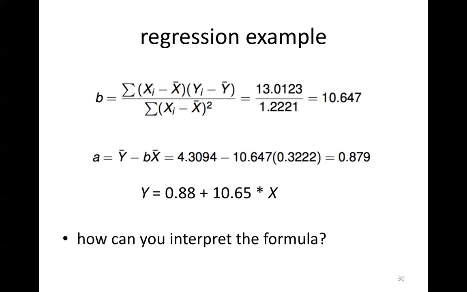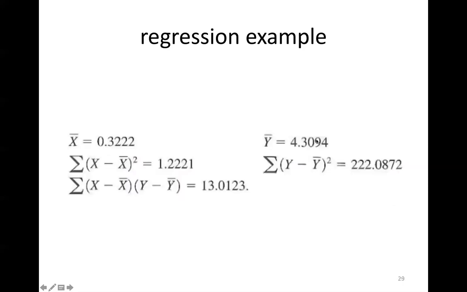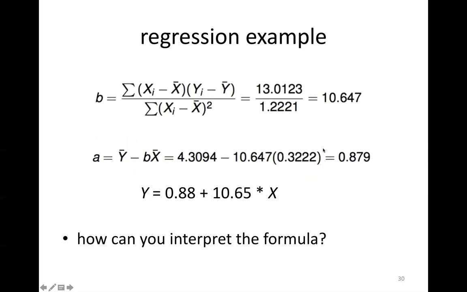We said the regression line will pass through the mean of x and mean of y. So we already know the mean of x and mean of y. We've calculated the slope. So thus we can get the intercept here. And this is our regression function.